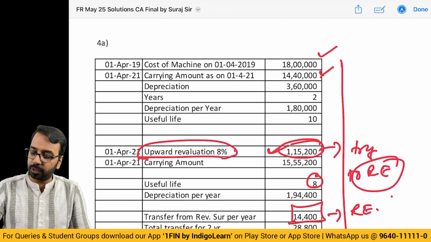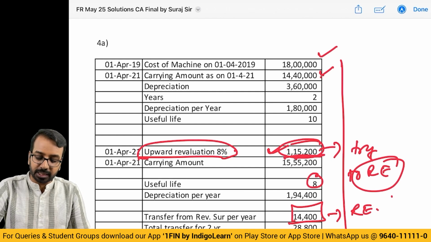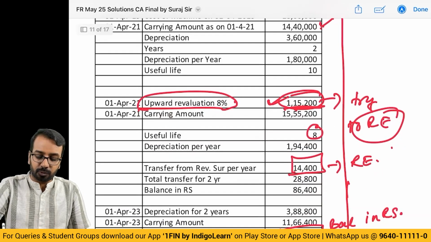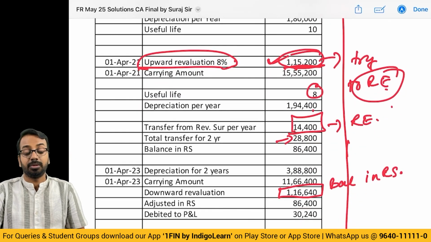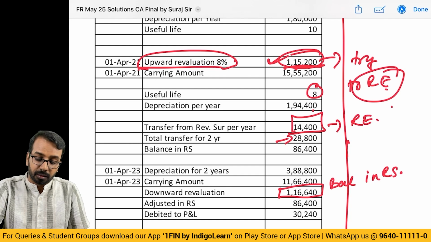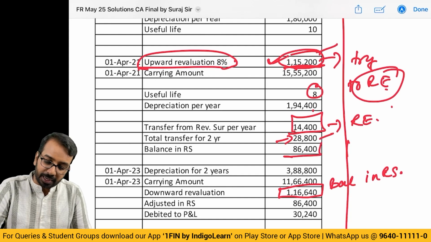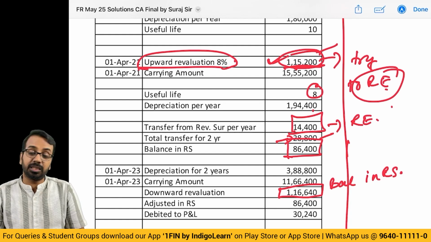So 1440 into 8%, if I do, I get 1152. This surplus every year I'll transfer to which account? Retained earnings account. So in 2 years, how much did I transfer? 28,800. So from 115,200 minus 28,800, my balance in revaluation surplus is only 86,400.